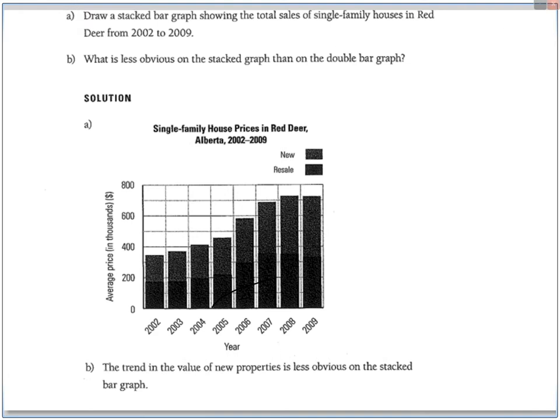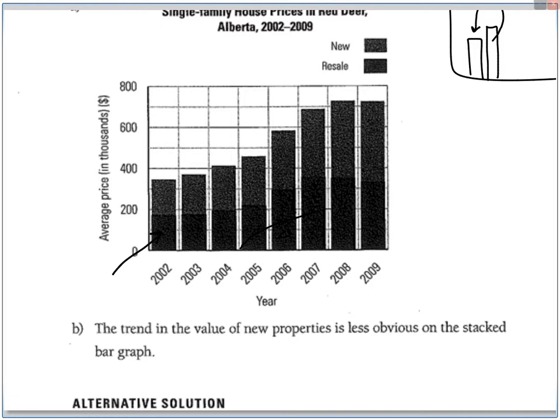So instead of having the bars right next to each other like this, they just pick it up and put it on top. Okay, and what that allows you to do is compare the parts to a whole. So each bar represents a part. Okay, so you stack the two parts on top of each other, and what you get is a whole.